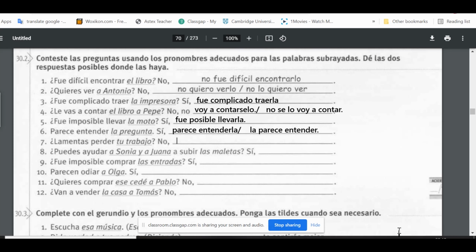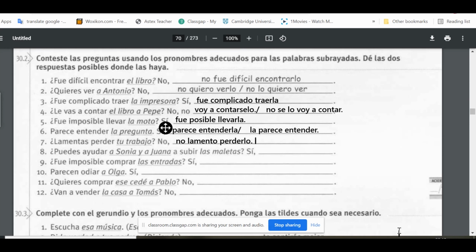"¿Lamentas perder tu trabajo?" And so here I am answering, right? So "no lamento." "Tu trabajo" is your work. "Perder tu" will be "te" here?